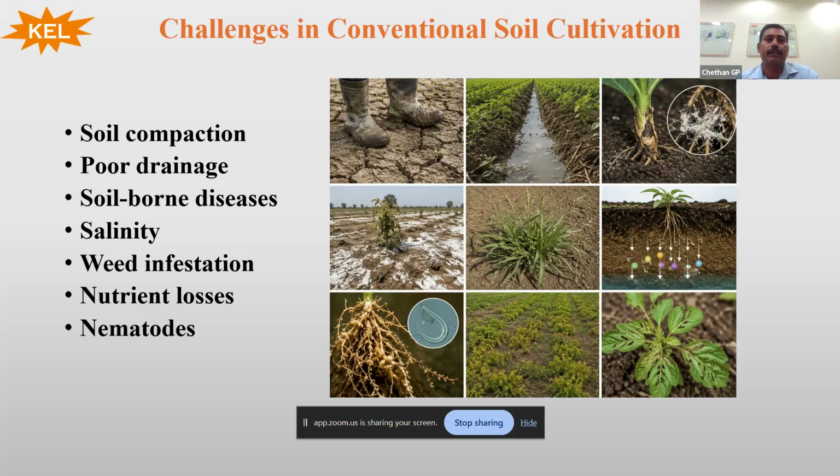Climate change is adding another layer of complexity. Farmers are experiencing irregular rainfall, prolonged drought, unexpected floods, rising temperatures, and more frequent extreme weather events. These factors directly affect crop productivity and profitability.